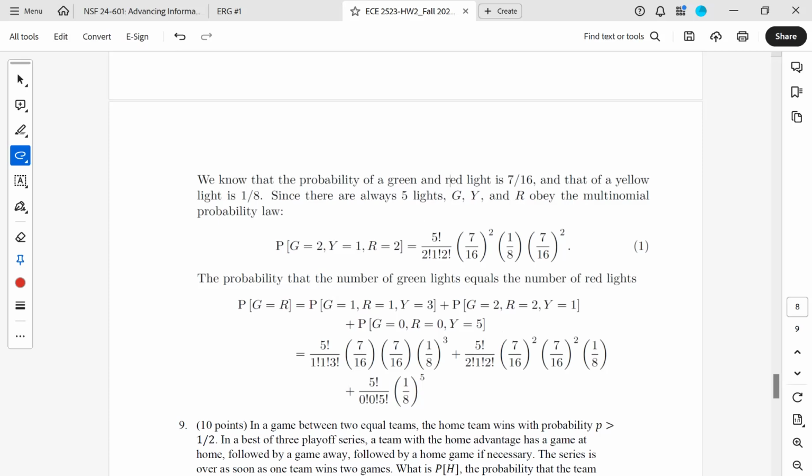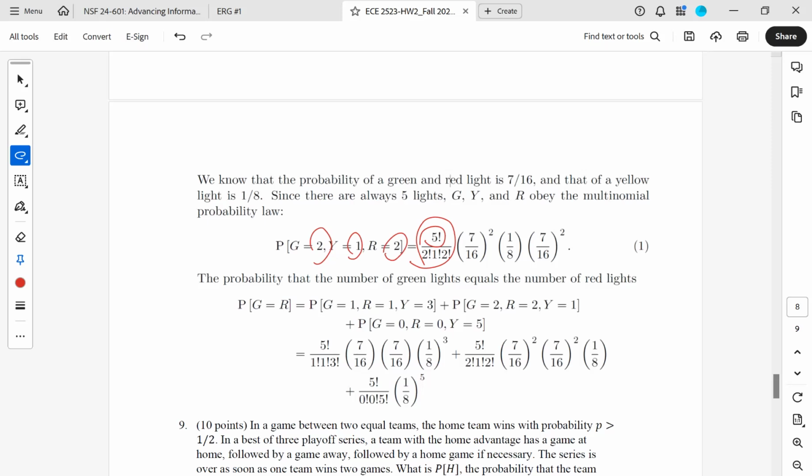It is going to be the multinomial of these numbers, which is 5 factorial over k1 factorial, k2 factorial, k3 factorial. Do you recall the formula in the discussion that we had? This is all the combinations that you could make if you have 5 observations with green repeated 2 times, red repeated 2 times, and yellow repeated 1 time.